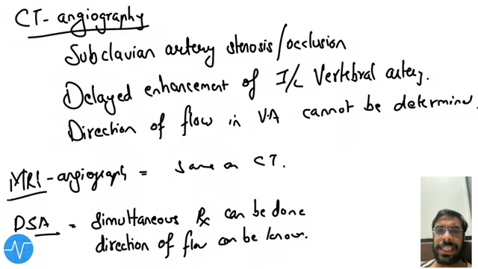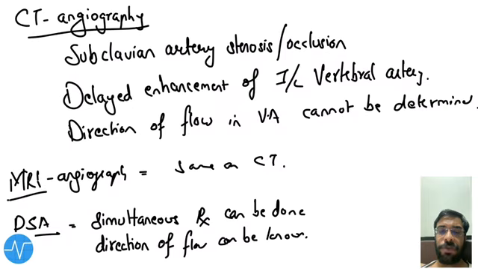Other modalities are CT angiography, where we see that the proximal part of the subclavian artery is occluded or severely stenosed. There is delayed enhancement of the ipsilateral vertebral artery because it has to come through the opposite side and then get filled.